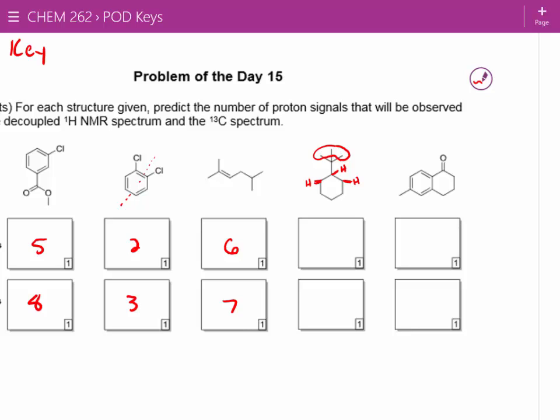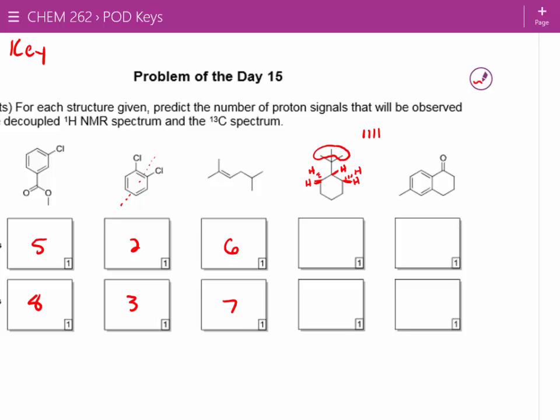They're the same as each other, right? So the axial ones are going to be the same, and then the equatorial ones will be the same. So let's keep a tally here. We had one for the tert-butyl. We had one for the proton coming off of the carbon where the tert-butyl was attached. We had one for the axial, one for the equatorial.